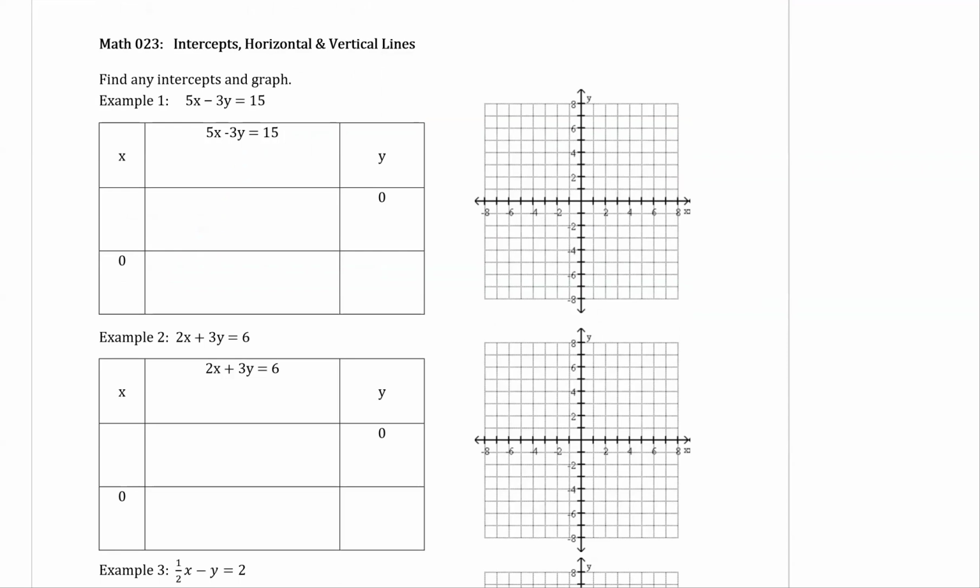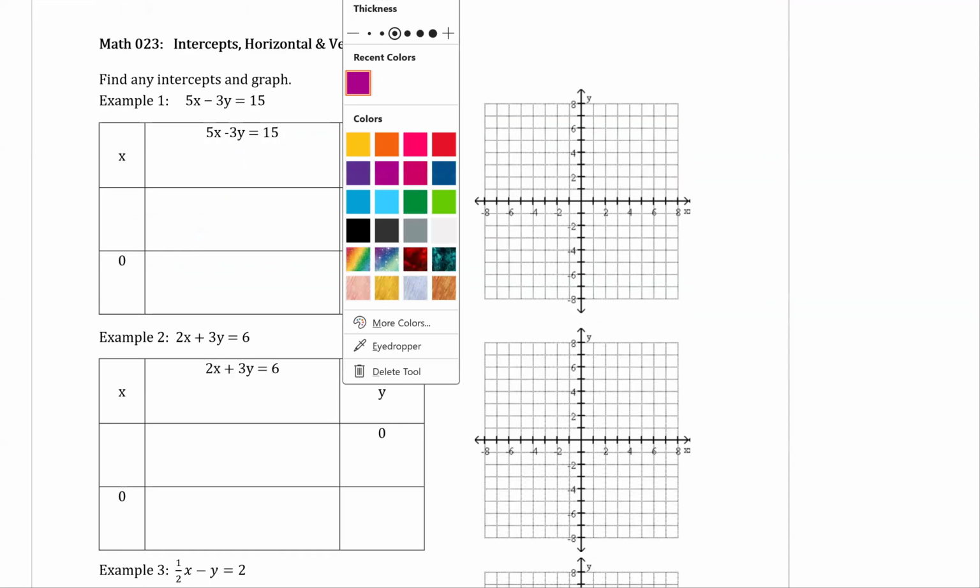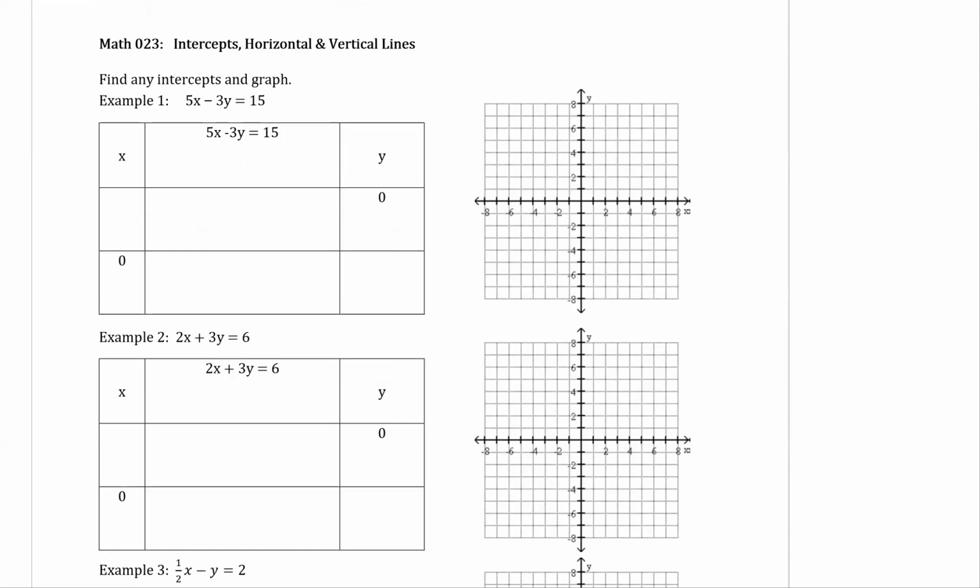Find any intercepts and graph. Example 1: 5x minus 3y is equal to 15. The table is already set up, so we're going to plug in 0 for y. I call this the cover-up game, because really what we're doing is covering up the y value, because when we plug in 0 for it, this term right here is going to be 0.